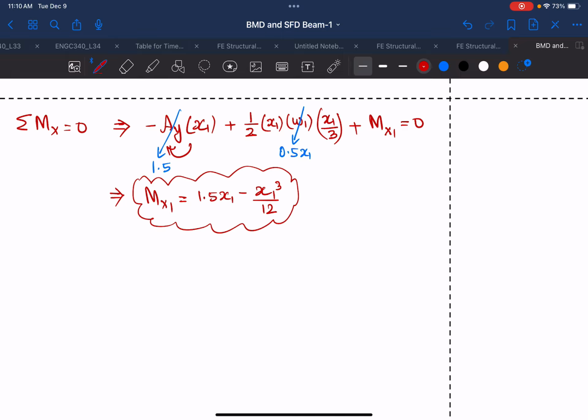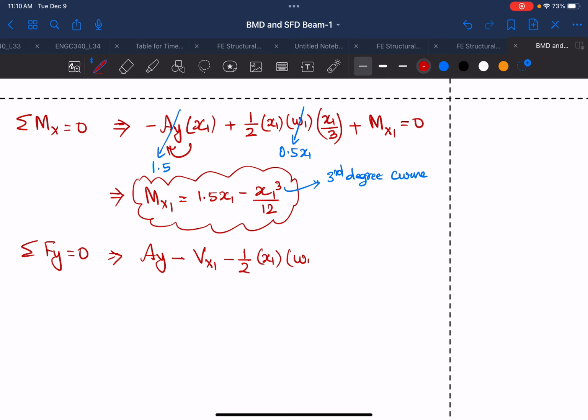And you'll see that the degree is 3, so it is a third degree curve, which basically means that it is a cubic curve. And then if we take a summation of all the forces in y direction, this is equal to Ay minus Vx1 minus half x1 into W1 equal to 0.